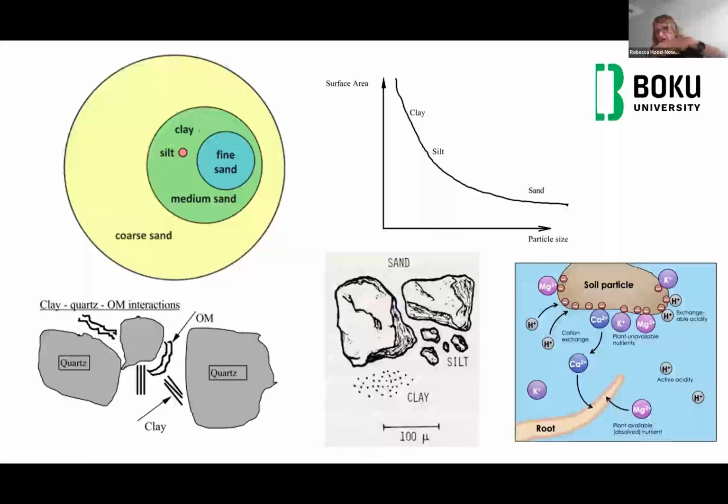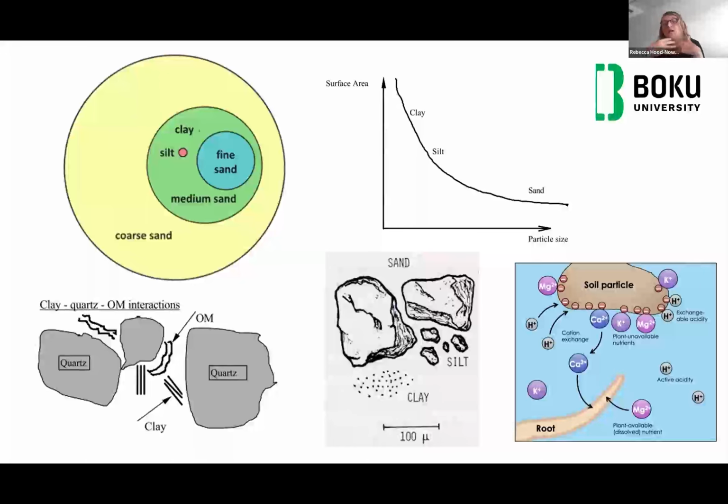And the third thing about the clays, because of those lamellae, as I said before, is that bacteria and fungi can be protected within those lamellae, within the clay particles. The bacteria and the fungi get in there, but things like nematodes are too big to get in there and start grazing. So in clay particles we also tend to get a build-up of organic matter.